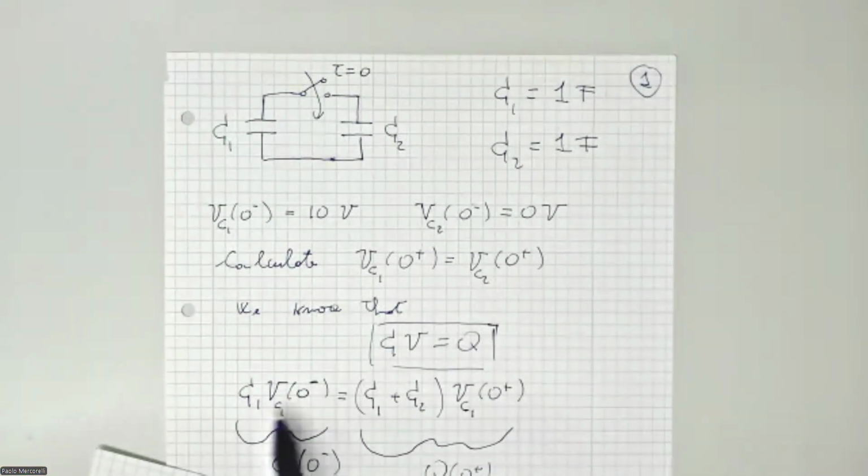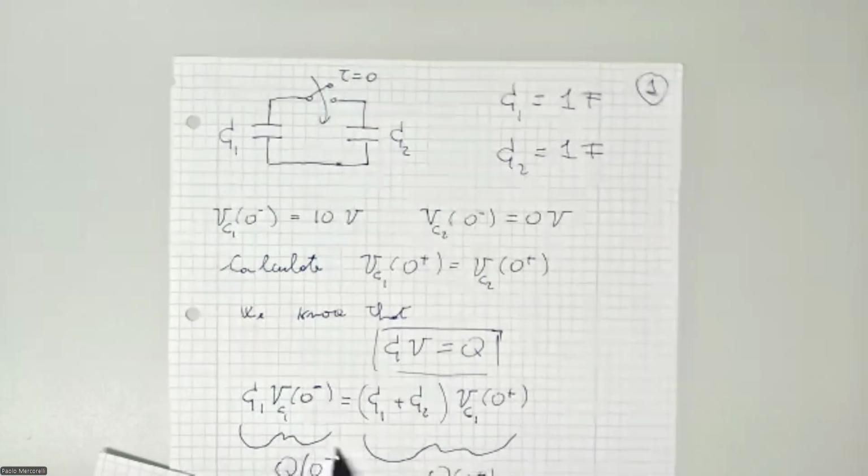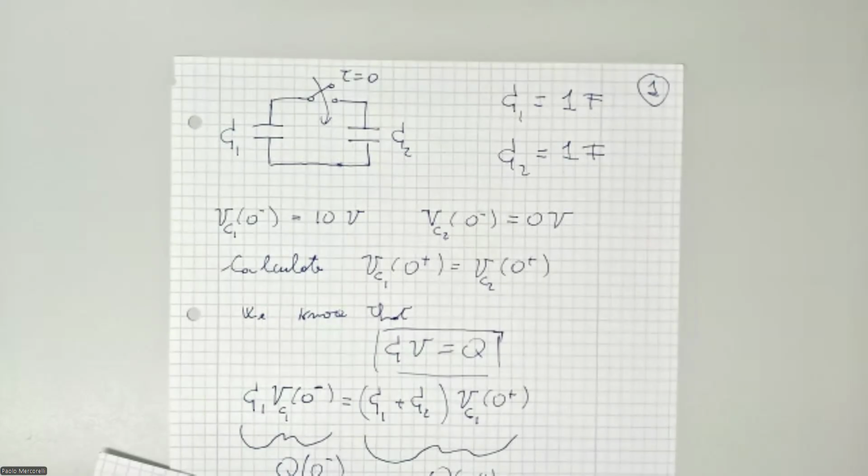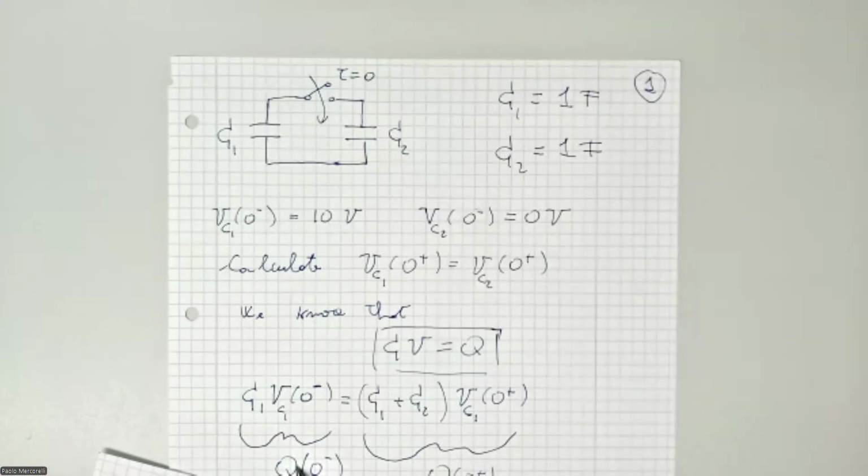Now, C1 multiplied by VC1 at time 0 minus is our load before closing, in accordance with this law. And what is Q at 0 plus? This means after closing the switch. It is C1 plus C2, in accordance with what we know from electrotechnics. I don't go in depth on this.